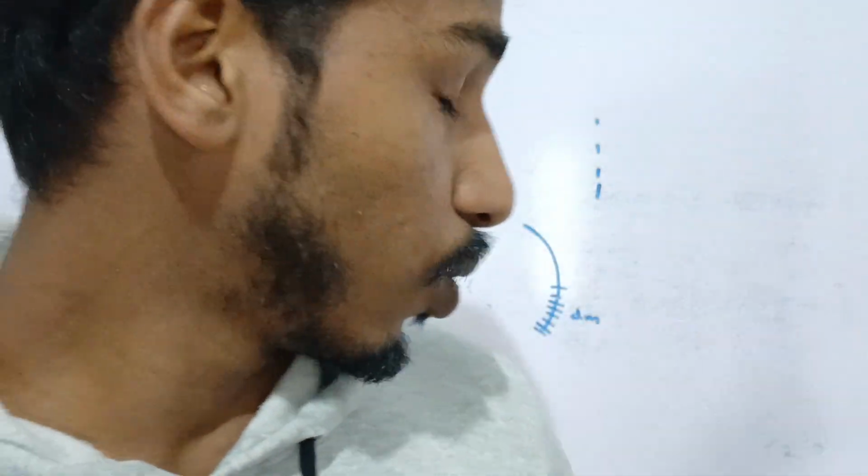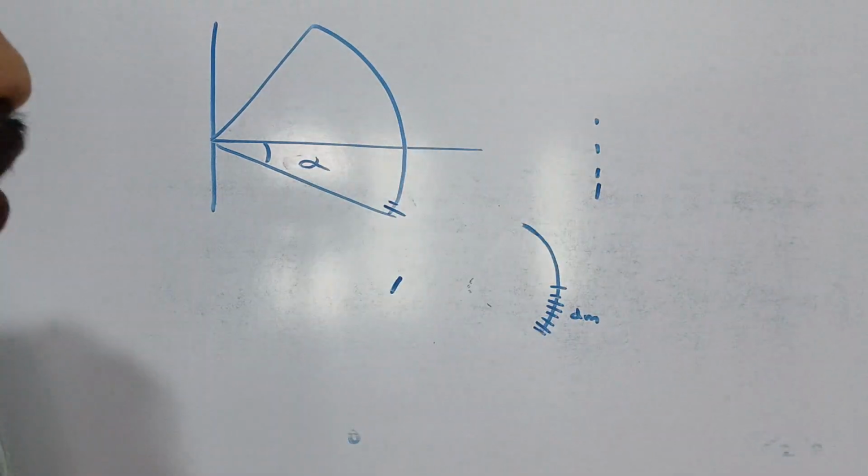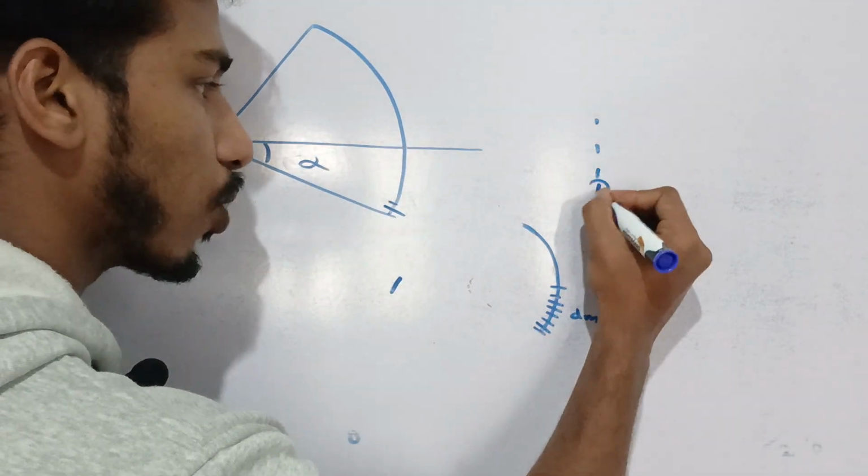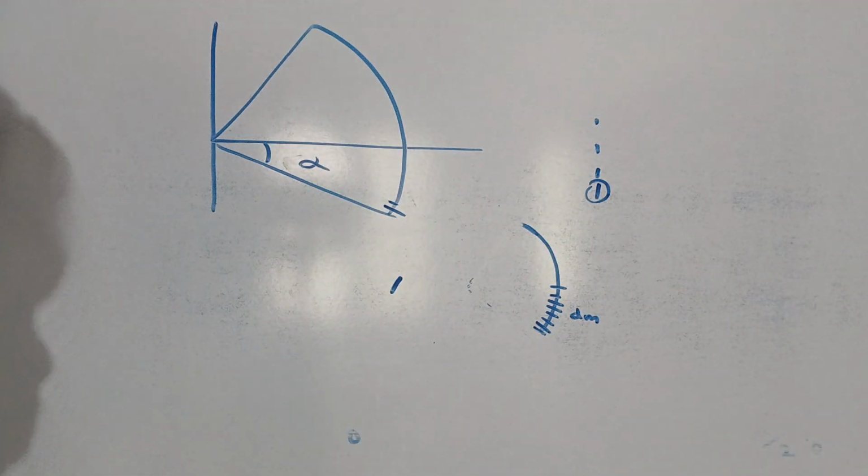If you look at a cone, for a solid cone we were considering tiny coins, and for a hollow cone we were considering tiny rings. Each and every time it's compared to a relatable geometry. Here we are comparing this with a tiny rod, which is almost straight.